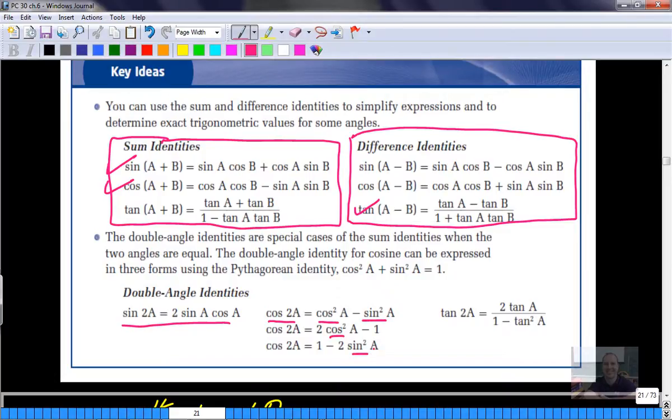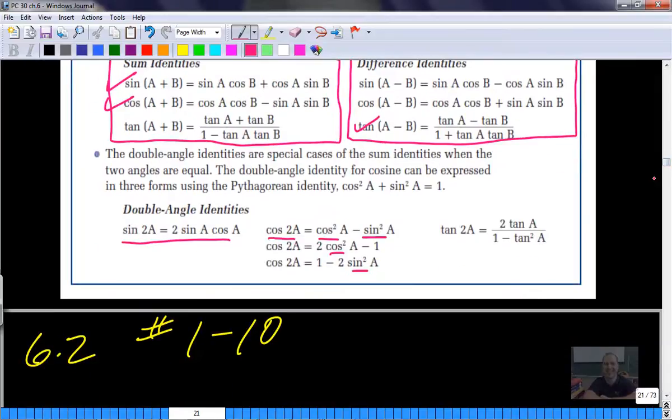Okay, and as the last point in this lesson, I'm going to show you why these work, why these are true. It's sort of like proving or changing one expression into another using other identities, and that's kind of the goal of this whole chapter. So we'll just talk about those. That's not your assignment for today, by the way. I've changed it because I knew it's short in classes.